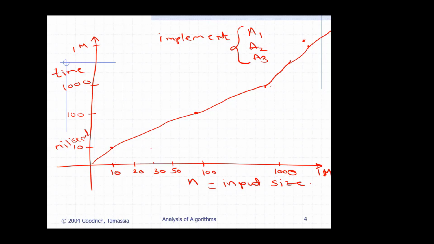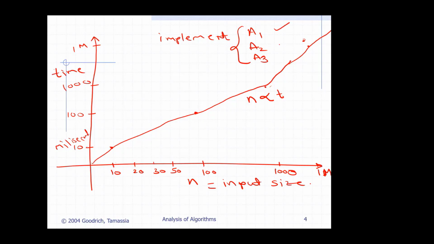Whatever is my n, it is the same in terms of time t. So my input size n is proportional to the time t. It is growing linearly: if n is 10, it is also 10; if n is 100, it is also 100; if n is 1000, it is also 1000.